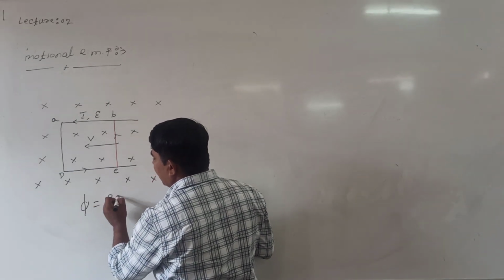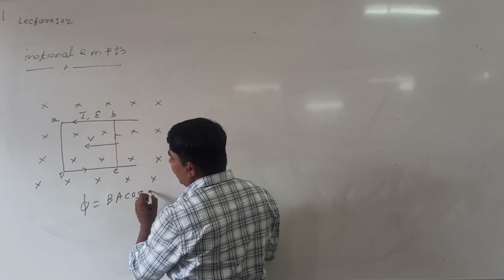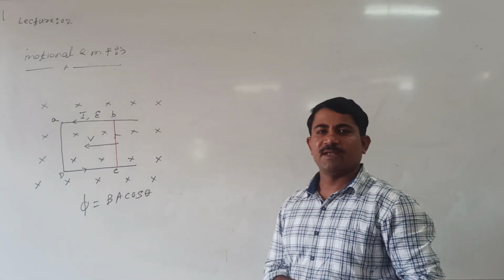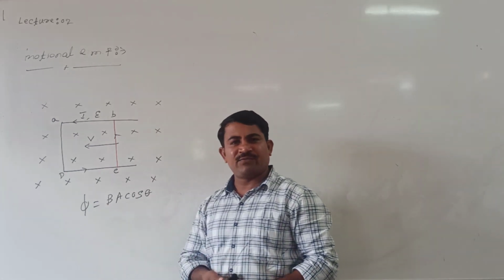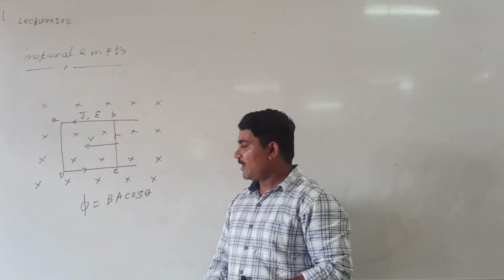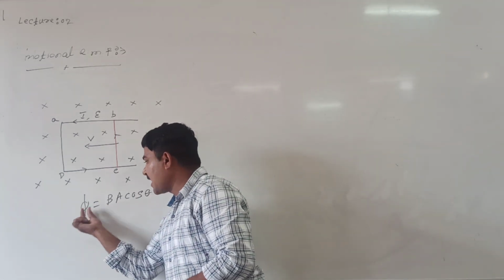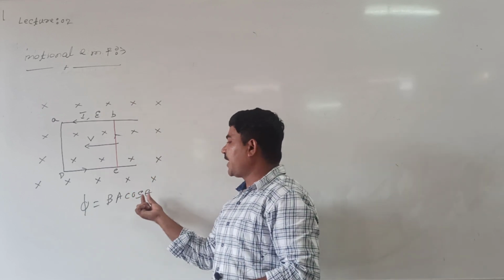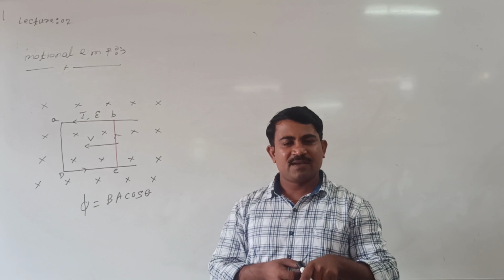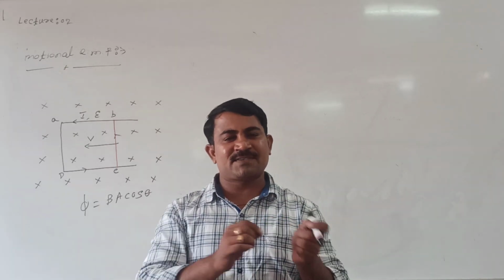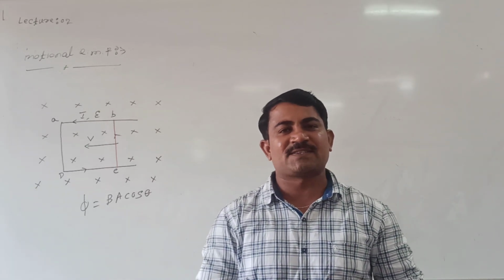Magnetic flux is nothing but the scalar product of magnetic field and area vector. How does magnetic flux change? Either by a change in magnetic field, or by a change in area vector, or by a change in the angle between area vector and magnetic field. Whenever magnetic flux changes, EMF is induced according to Faraday's second law.